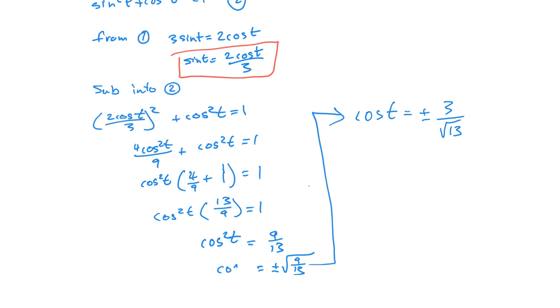Now, we don't like radicals on the bottom, so we multiply the top and bottom by the square root of 13, and you end up with plus or minus 3 root 13 over 13. And that is what cosine of t is. Now I still need to find sine of t, so let's do that right now.